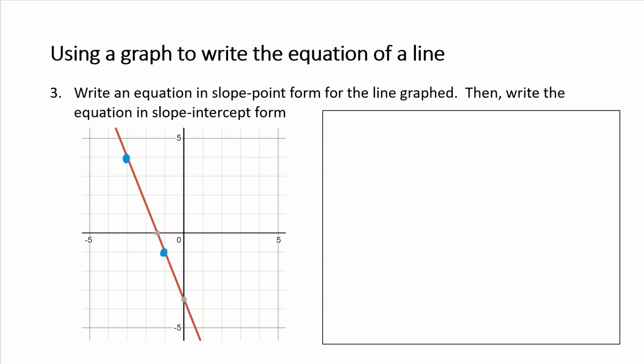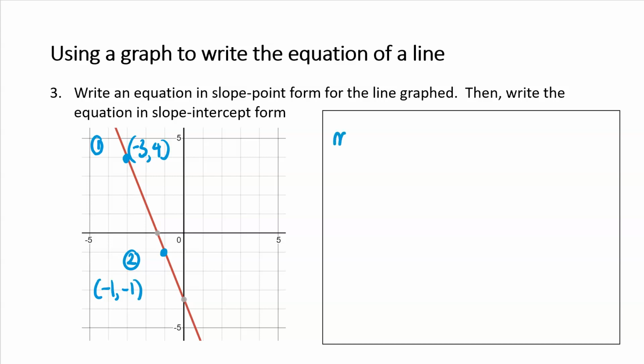So let's do that. Let's say this is our point number 1, and this is our point number 2. Point number 1 would have an x value of -3 and a y value of 4, whereas point number 2 would have an x value of -1 and a y value of -1.